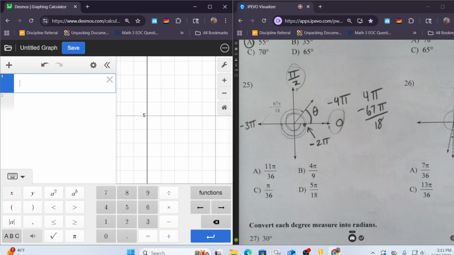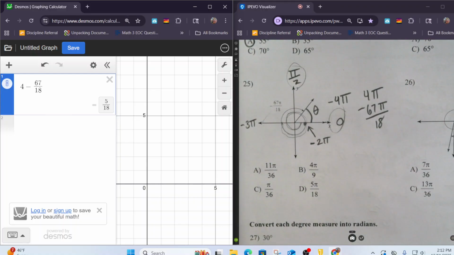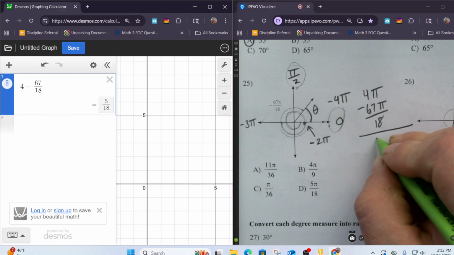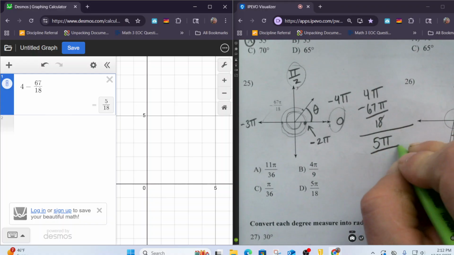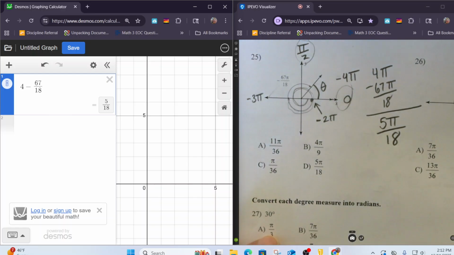All right, so what do we never put in the calculator? If I subtract these, what do I get? 5 pi over 18. So what's my answer?